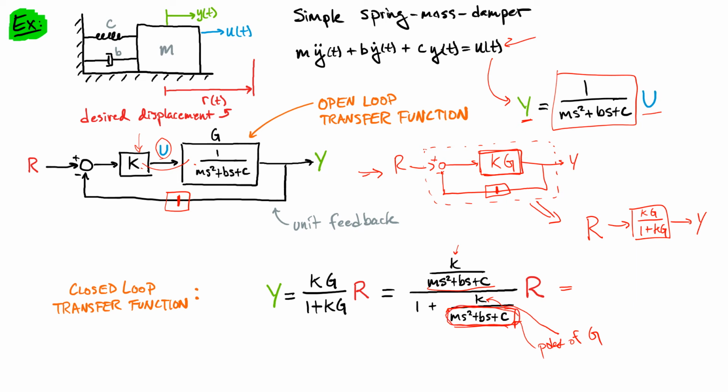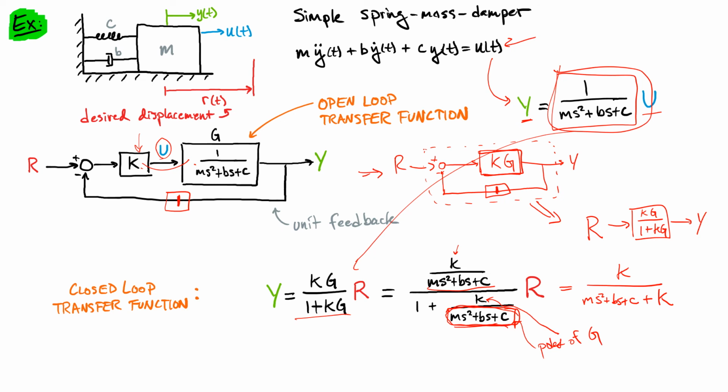And so now what we're going to do is multiply that characteristic equation top and bottom. And what that's going to do is leave us with K on the numerator. And then we're going to rewrite the characteristic equation, ms squared plus bs plus c plus K. So this pattern of getting the open loop transfer function, forming the closed loop transfer function, plugging those in, and then doing this multiplication on top and bottom to clear that characteristic equation, that's going to happen over and over and over again.